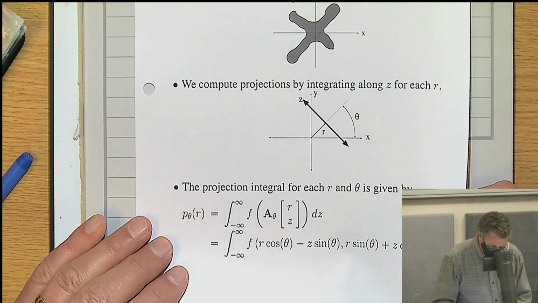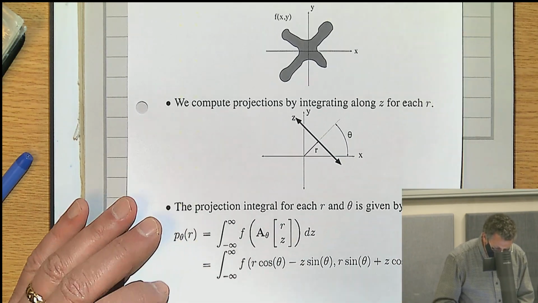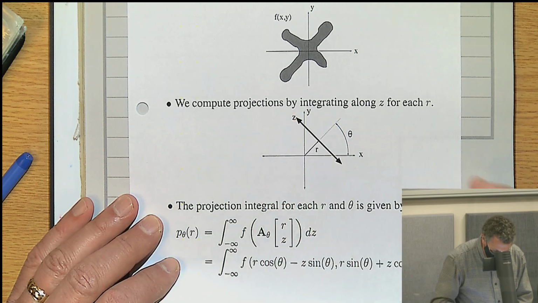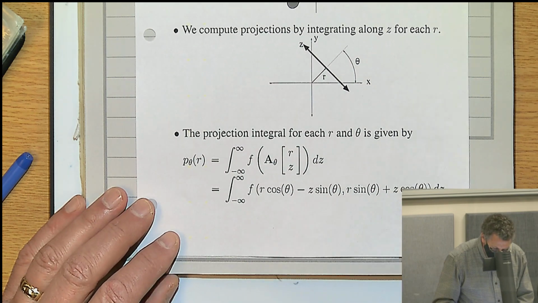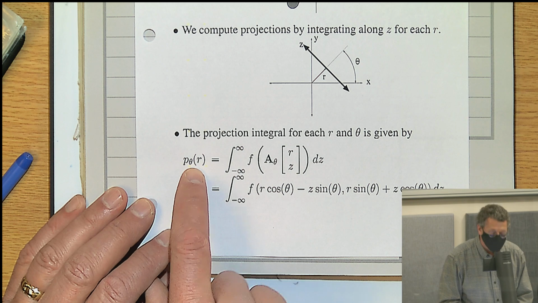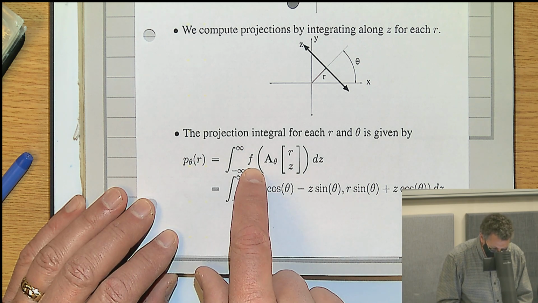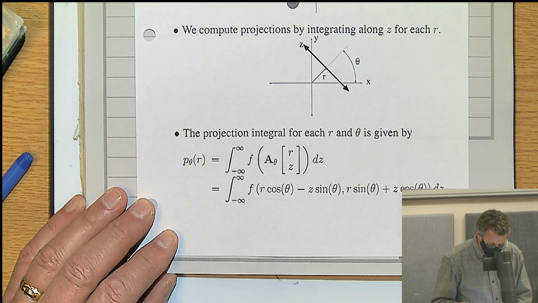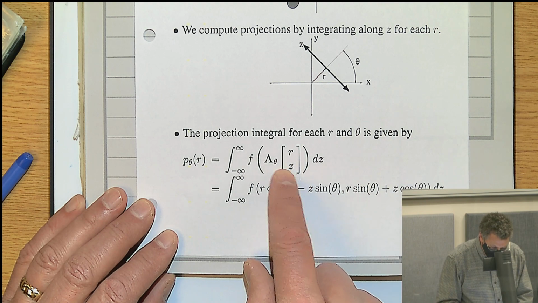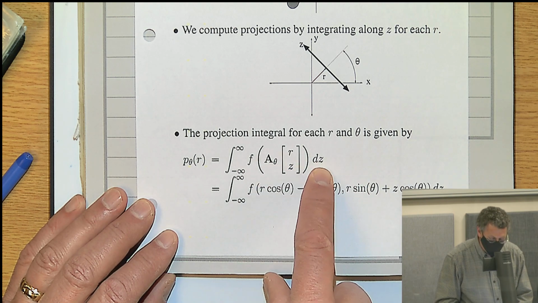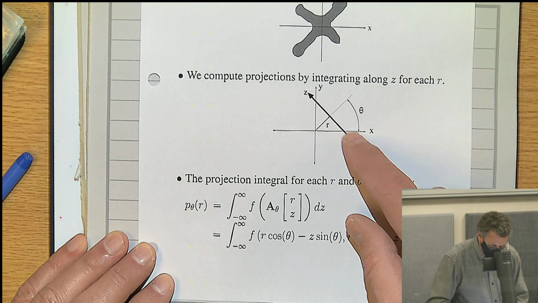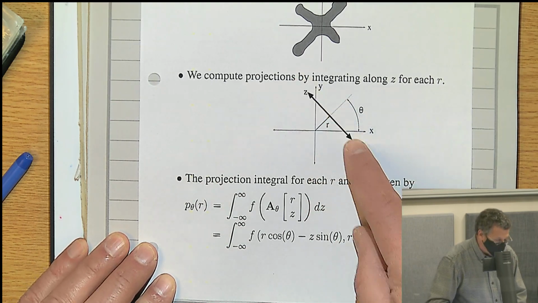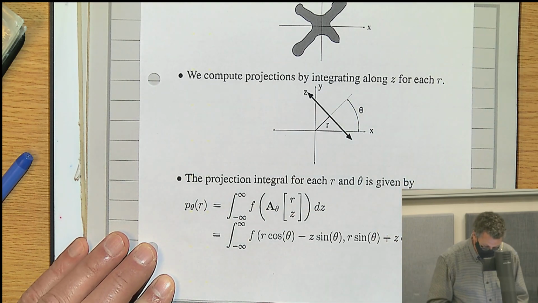Now you want to integrate across z. So the projection mathematically: f is a function of two variables, x and y. You take r and z, you multiply by theta, and you integrate over z, because that's how you do the projection, by integrating along this dimension. Does that make sense?